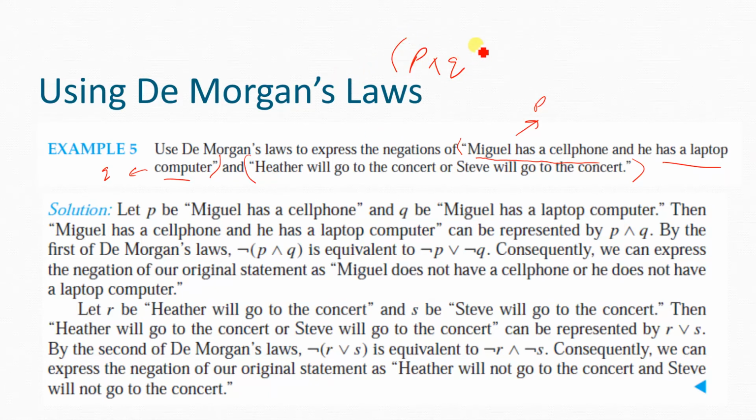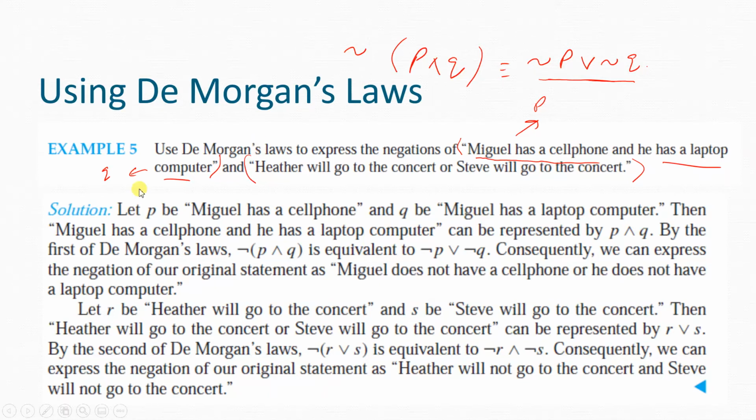By De Morgan's law, the negation of P and Q is negation P or negation Q. So let's transform this right side proposition into a sentence. The negation of this sentence will be: Meghal does not have a cell phone, or Meghal does not have a laptop computer. So this is how we can use De Morgan's laws to express the negation of any compound proposition or statement.